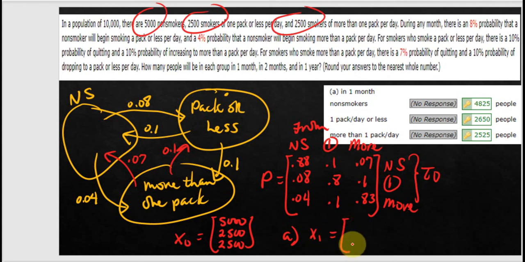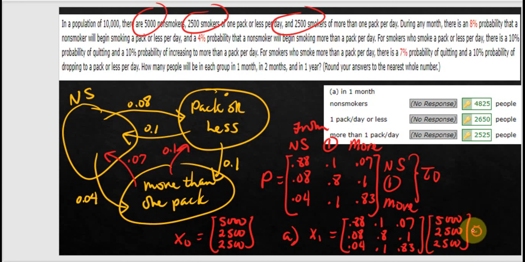So it's this matrix P, 0.88, 0.1, 0.07, 0.08, 0.8, 0.1, 0.04, 0.1, 0.83, and that's times this matrix here, the initial state, 5,000, 2,500, and then 2,500.